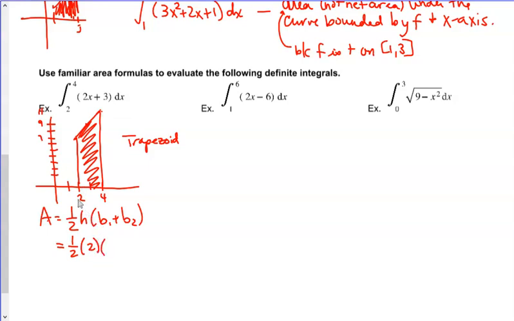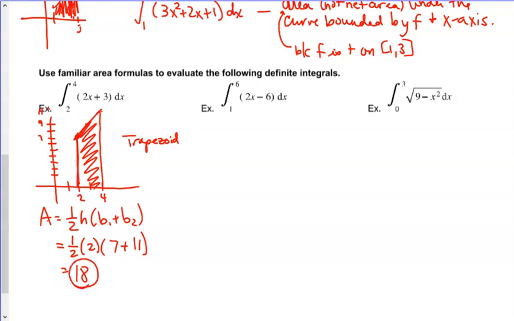The function value for base 1 is the function value at x equaling 2. When I plug 2 in, times it by 2 and add 3, we found that that was 7. And the function value when x equals 4 is over here at 11. And so, geometrically, we find that it has an area of 18.